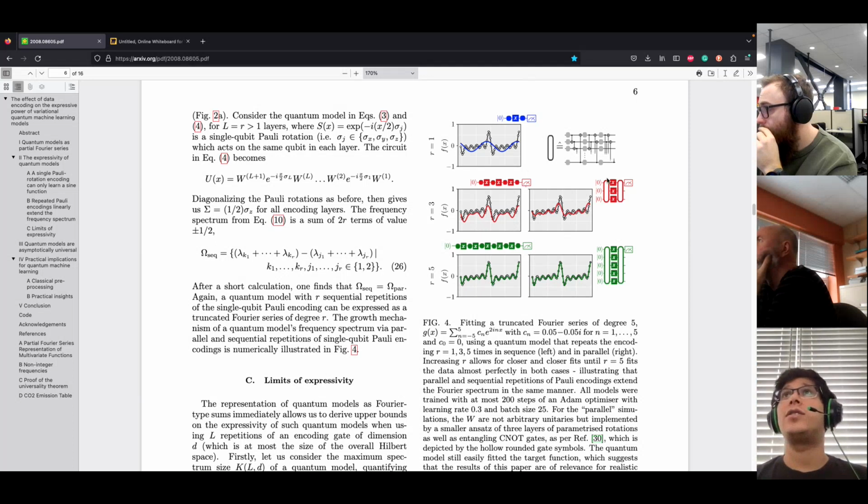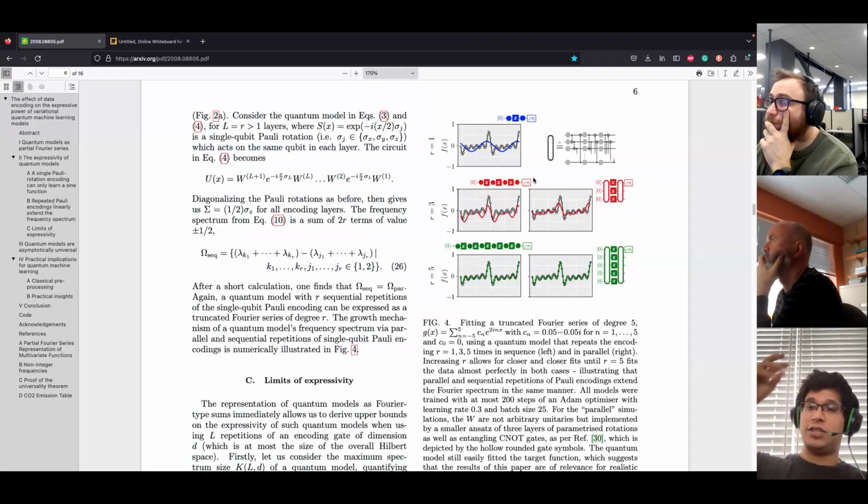As you can see here on the right, they input the data on the first qubit, then the second qubit, and the third qubit. But here they use the same qubit and input the data on just the same qubit several times. This is called data re-uploading because you take the data and you put it there several times.